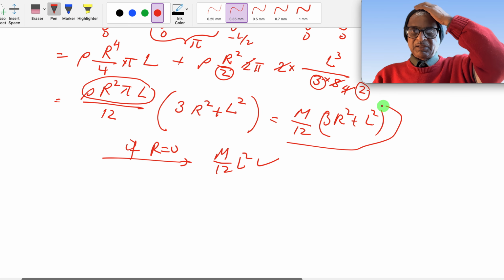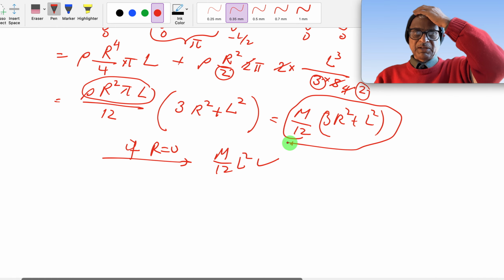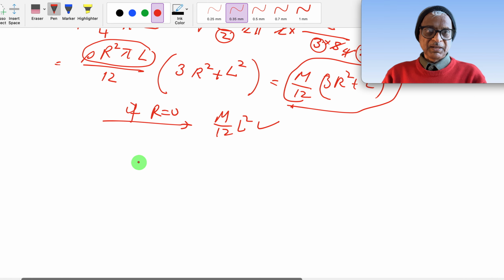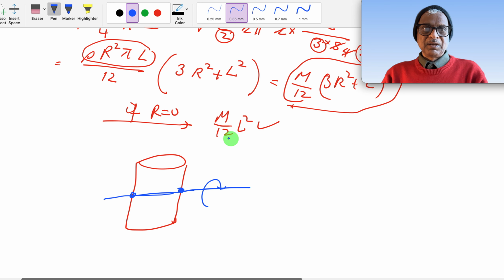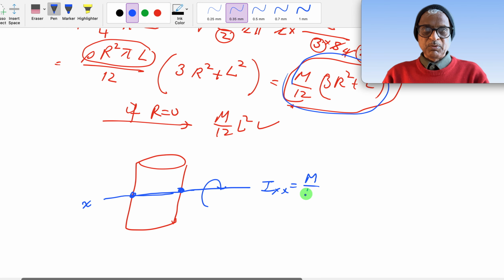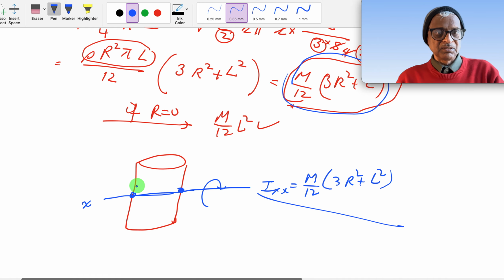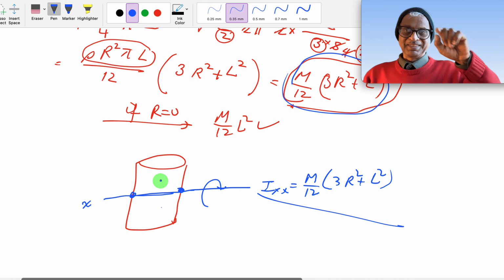So this looks like a correct formula for when I have a cylinder and if I drill a hole in the middle like that and put an axle through it and try to rotate it, this is the moment of inertia I will use. So this is like an x-axis. So Ixx will be m over 12 times 3r square plus L square. That's the one you're going to use for rotating your cylinder in that fashion.